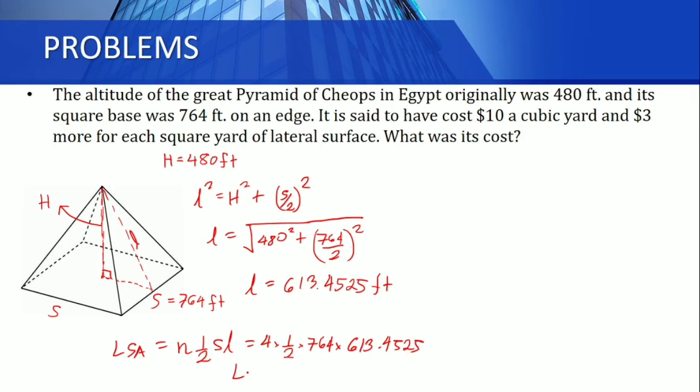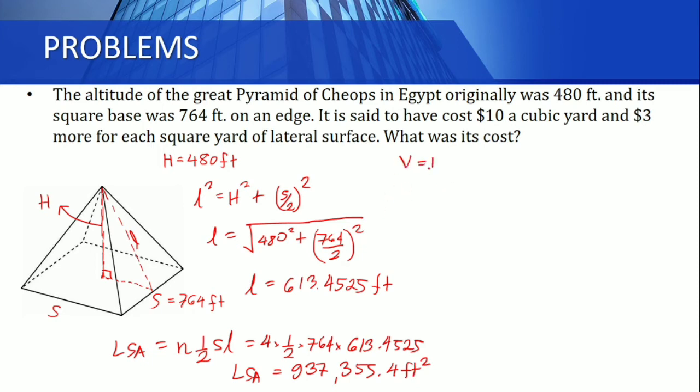So lateral surface area is equivalent to 937,355.42 square feet.